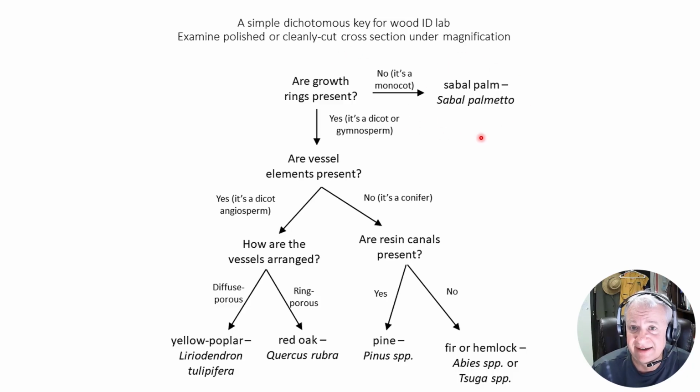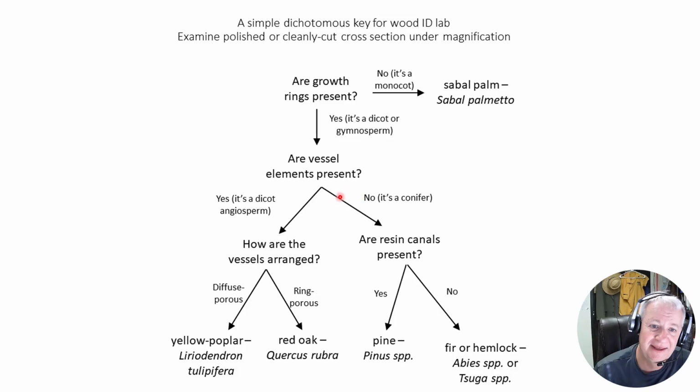In that case, it's a monocot, which means it's a palm, in this case, sabal palm or sabal palmetto. If it does have growth rings, that means it's either a dicot angiosperm or a gymnosperm. So the next thing would be to ask, does it have vessel elements? If it does have vessel elements, then it's a dicot angiosperm. If it doesn't have vessel elements, if it just has tracheids, then it's a conifer or a gymnosperm.